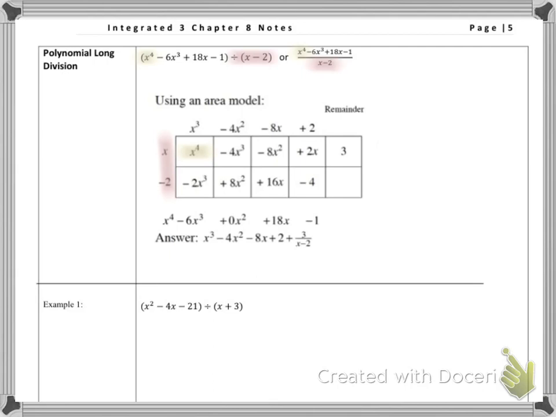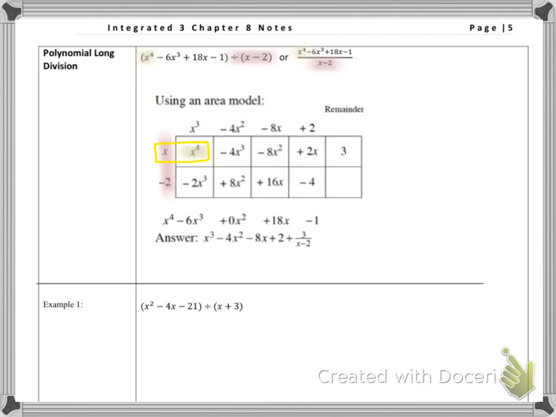So what we would do from here is take a look at these two things put together. I know that this x is on the outside of the box and the x to the fourth is on the inside of the box.